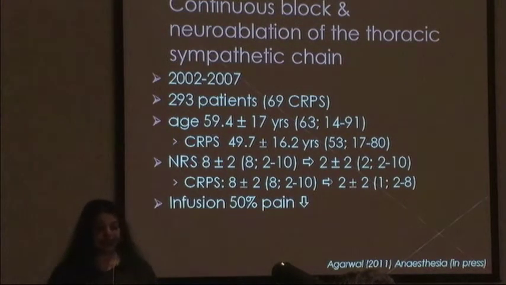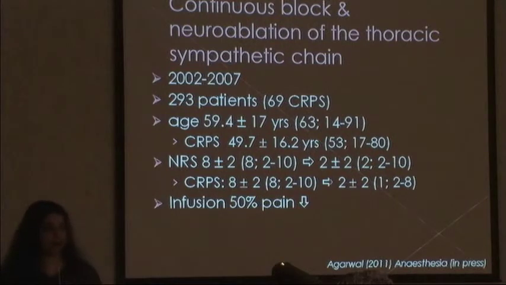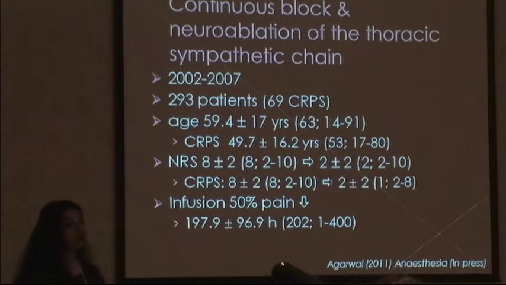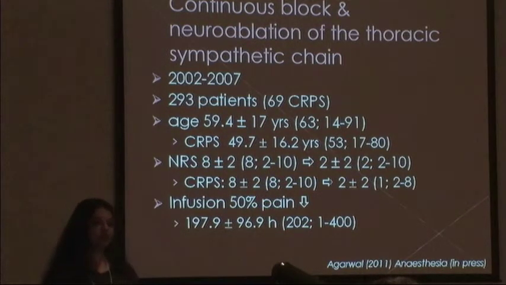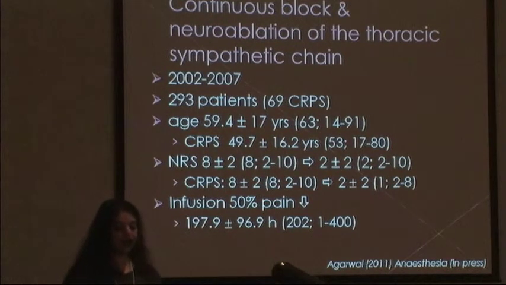Now, the time we needed to achieve a 50% reduction in pain intensity was 202 hours. So this is what I was saying initially. It's the drug you choose. If you have a very short-lasting drug and you do sympathetic blocks, you might not be able to overcome pain.